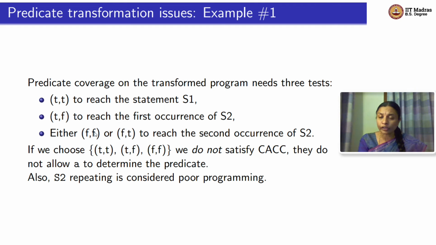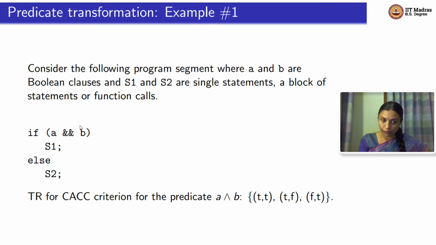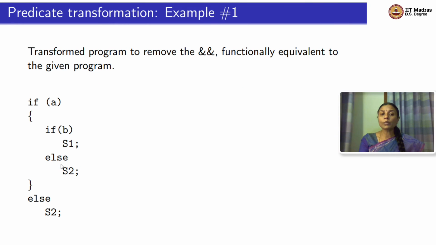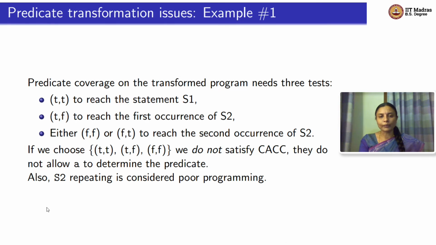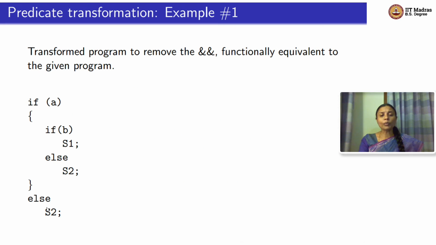So had I chosen the first one, I would differ from CACC, which means the test requirement of CACC on this program is not going to be equivalent to the test requirement of predicate coverage on the transformed program. Also, the transformed program, if you notice, has 2 replicas of S2, which we couldn't avoid.